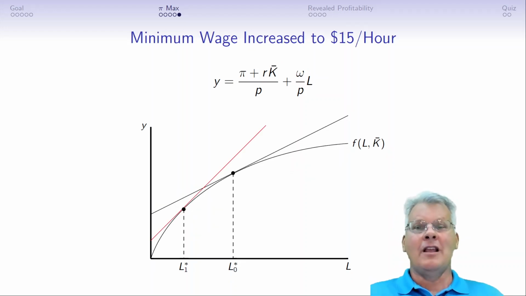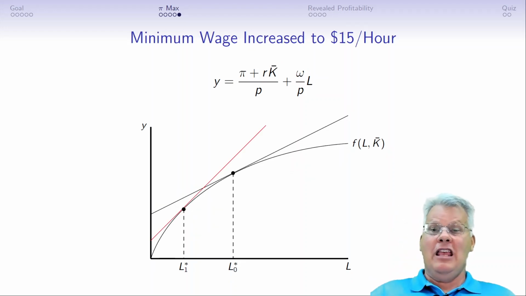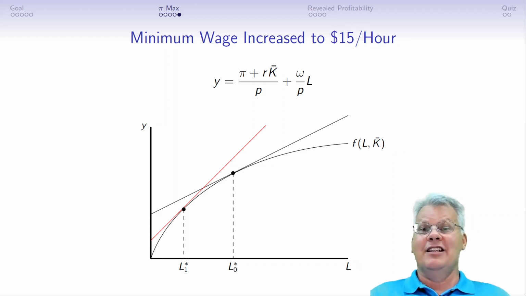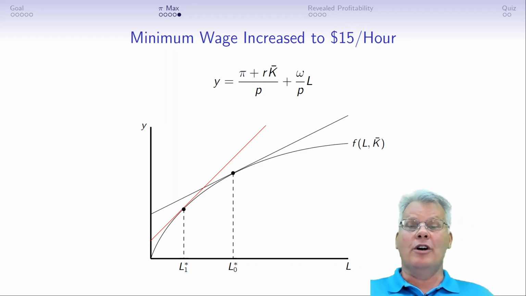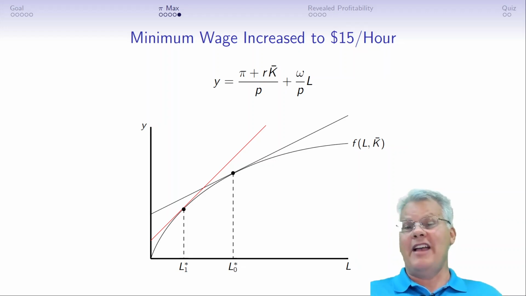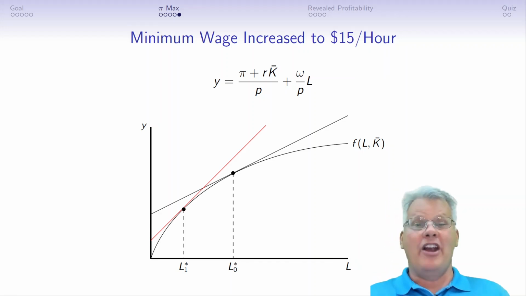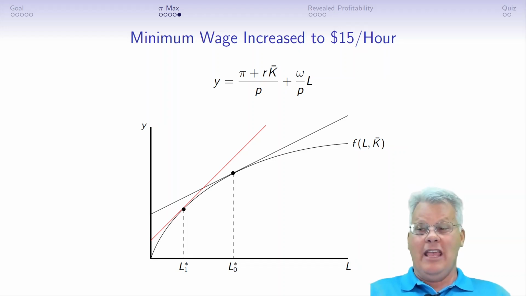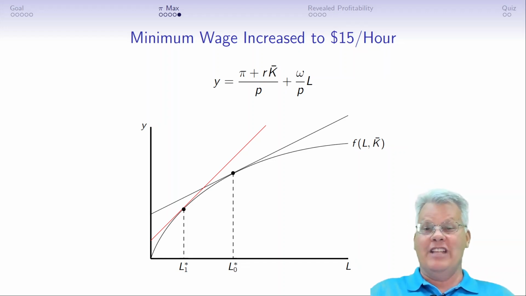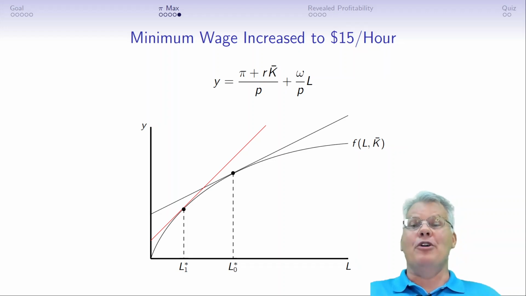Now, consider what would happen if the wage increased to $15 an hour. If the slope of the isoprofit line is the wage divided by the price of output, and the wage prior was $10 an hour and gets bumped up to $15 an hour, that makes the slope of the isoprofit line steeper.